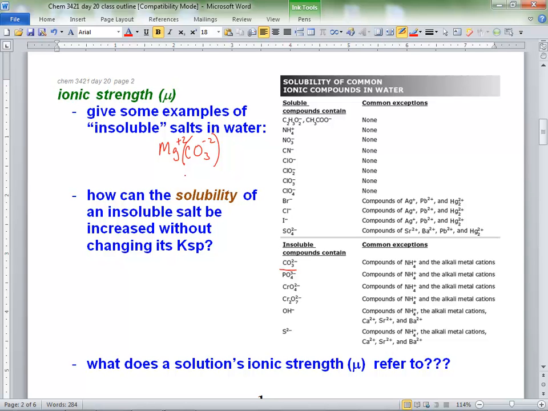Okay? Let's make sure you're reading this table right. Sochi, give me another example of an insoluble salt. The phosphates?